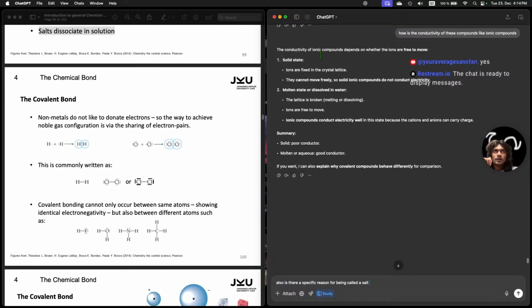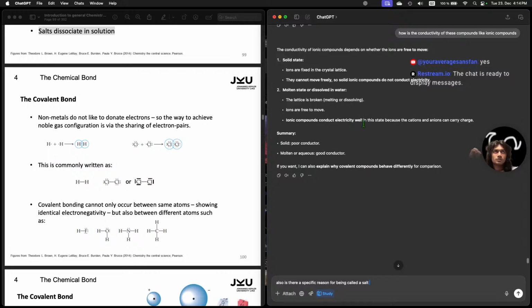The conductivity of ionic compounds depends on whether the ions are free to move. In the solid state, ions are fixed in the crystal lattice. They cannot move freely, so ionic compounds do not conduct electricity. In the molten state or dissolved in water, the lattice is broken, and ions are free to move.